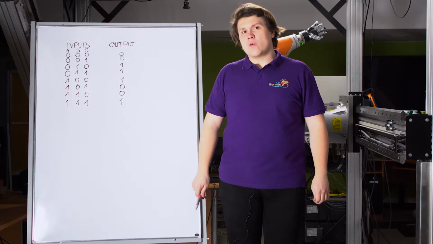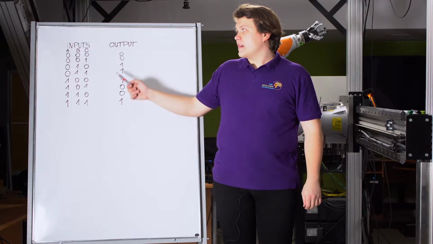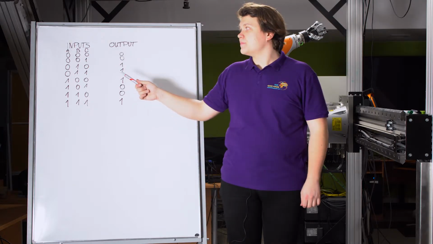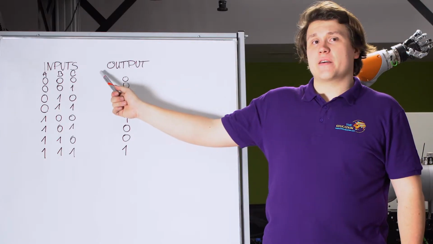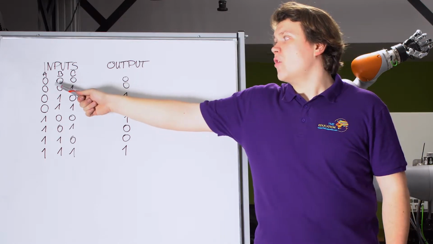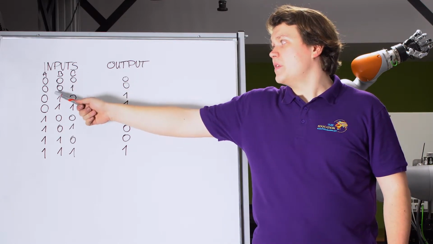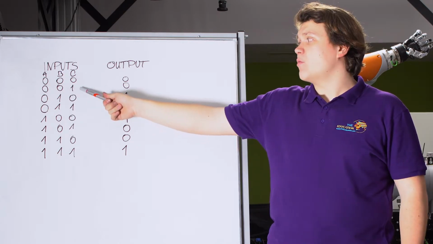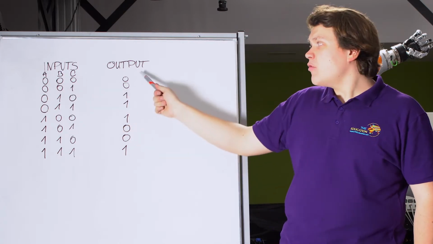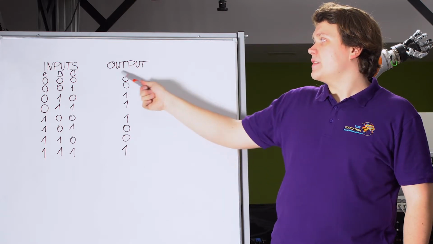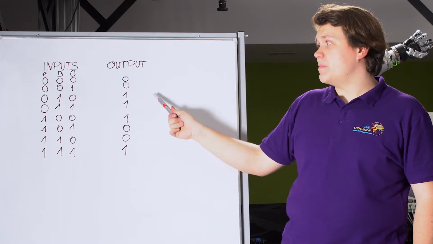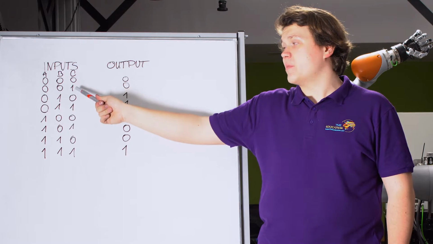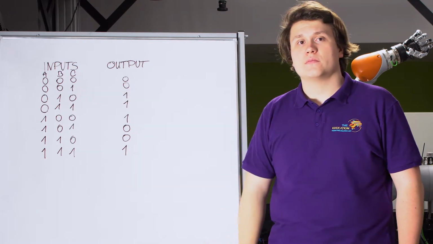So let's suppose we have to make our logical device. Our logical device has 3 inputs. Each row shows a different combination of states on an input. 0 means negative and 1 means positive. The output value of our device is a logical state based on different combinations of inputs.